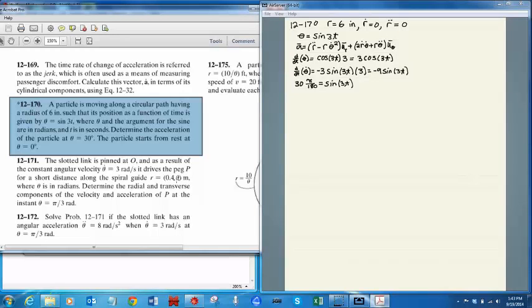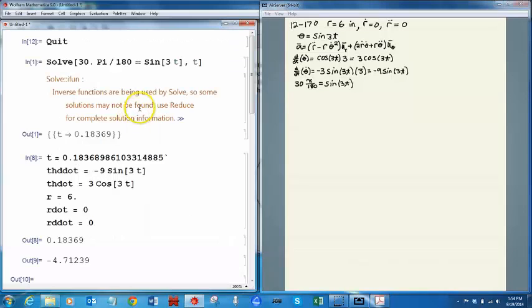I planned to pause at this point and pull out a calculator, but I did not have my calculator with me, so I put this into Mathematica. Rather than bore you with typing things in, I typed it in, and here are the results. The first thing I do when I open up Mathematica is quit, which makes it forget anything I've been doing in the past, so I know I have a fresh start.